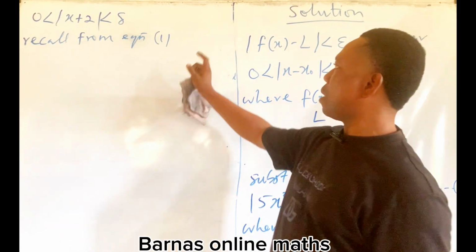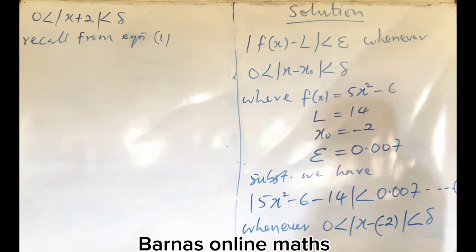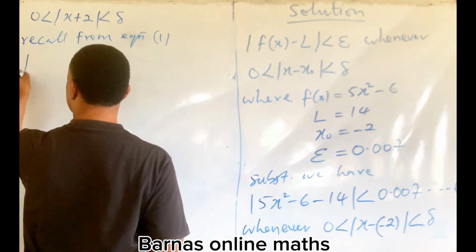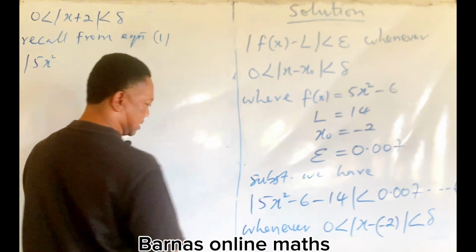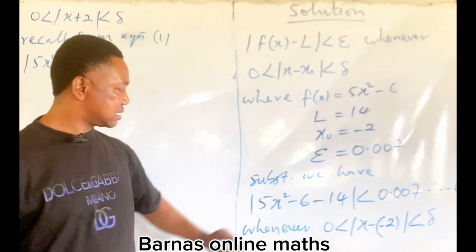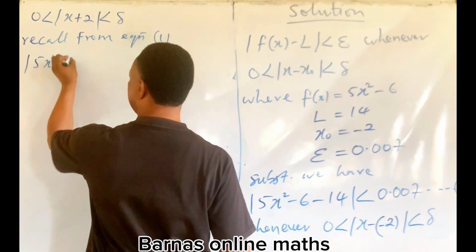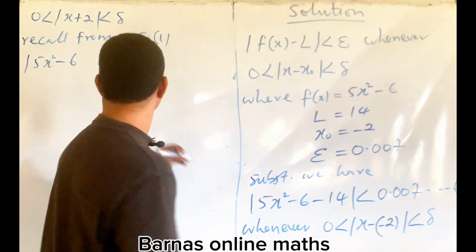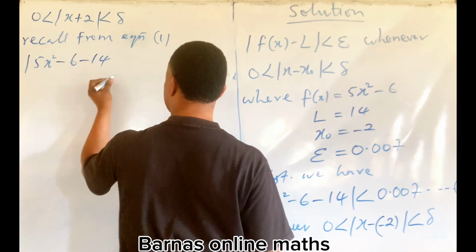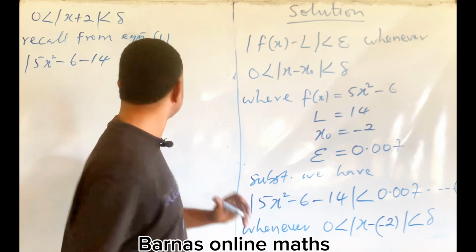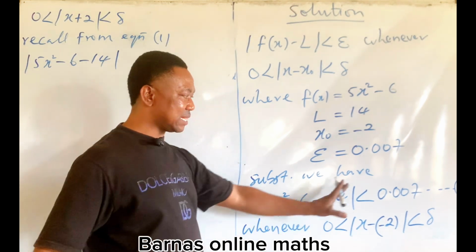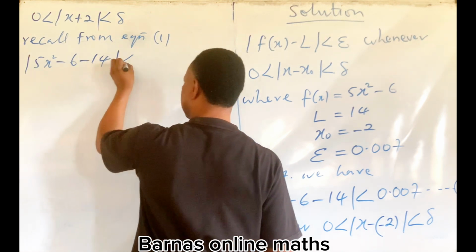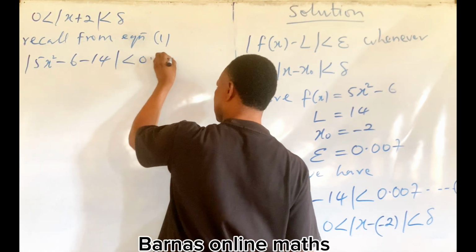Recall from equation 1, which is this, we have that the modulus of 5x squared minus 6 minus 14, close the modulus, is less than 0.007.